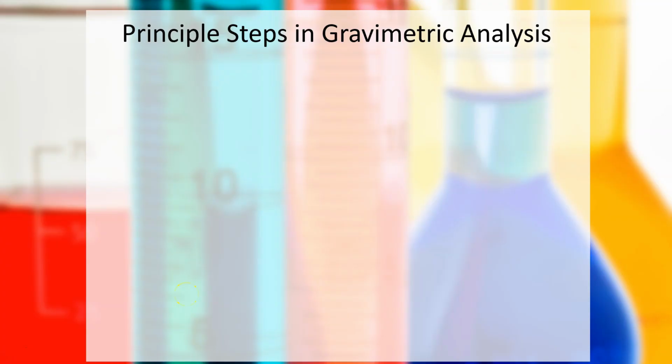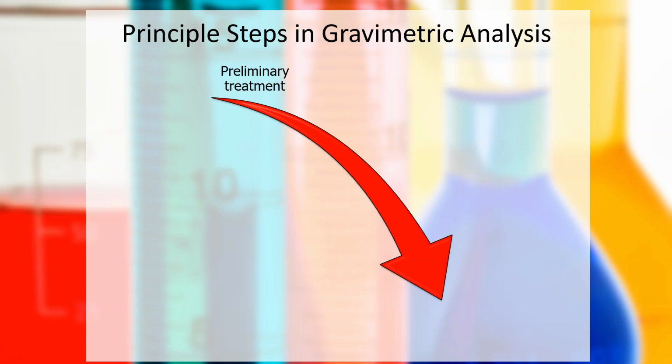Next, we move to the principal steps in gravimetric analysis. This analysis involves 7 steps of principles. The first one is the preliminary treatment. Next is the precipitation process, and then it must go through the digestion process. The next principle is the filtration and washing of the precipitation.